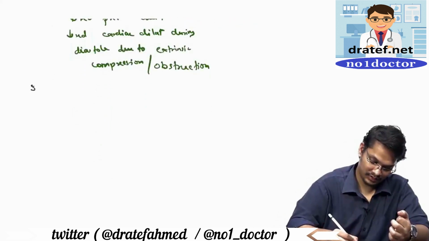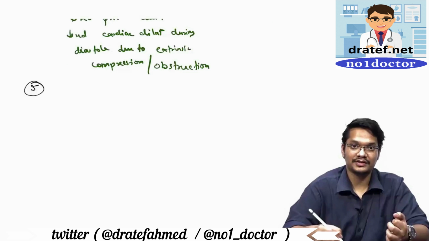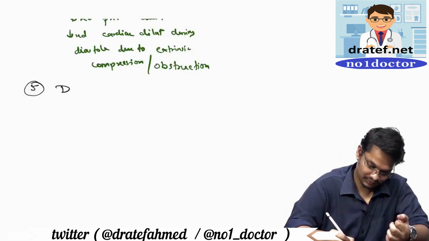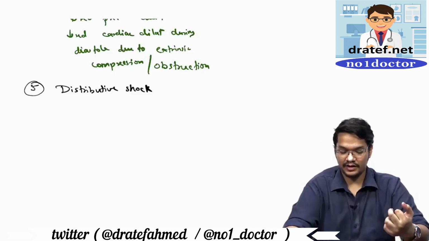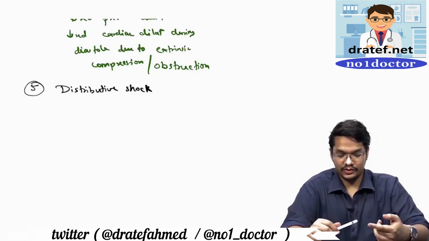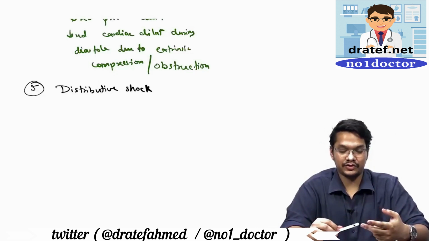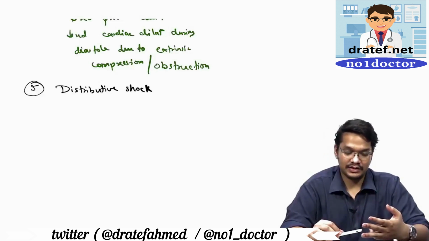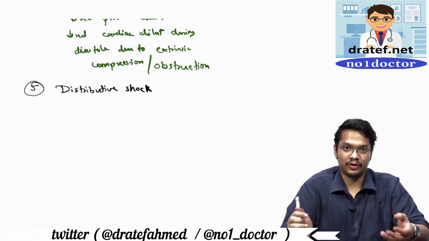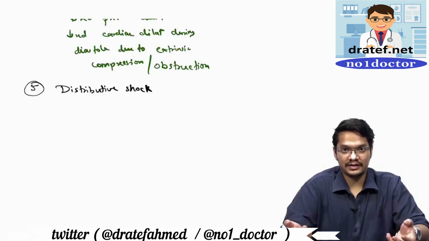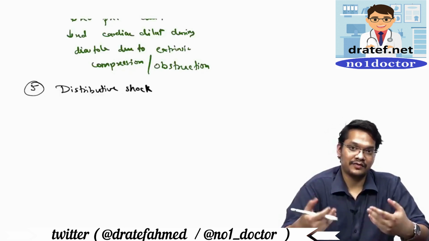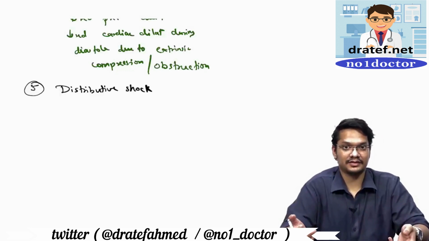Now, the next kind of shock is distributive shock. What does distributive shock mean? In distributive shock, there is no cardiac dysfunction, there is no hypovolemia, but rather the fluid content of the body is distributed in a way that the effective volume of blood decreases.